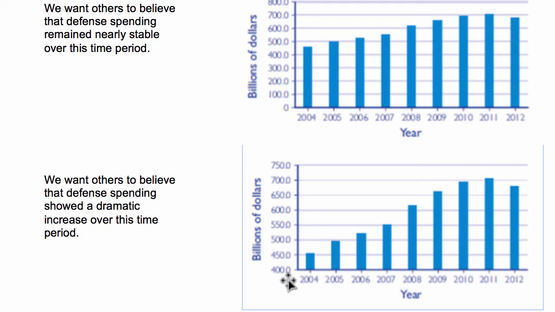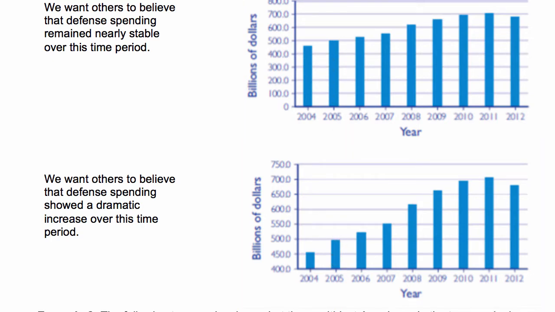On the other hand, the fact that the y-axis starts with $400 billion means that the part of the bars that represent 0 to 400 billion are missing on the second graph. The result is that the bars appear to have a wide range of heights.